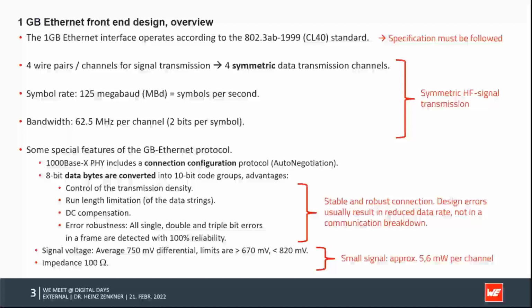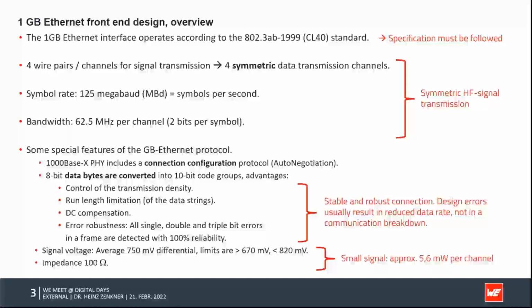The special features of that Gigabit Ethernet protocol make it a challenge. Why? Because the PHY itself has a so-called auto negotiation, which means there is a connection configuration protocol, which in a second layer also takes care of the robustness of the connection.